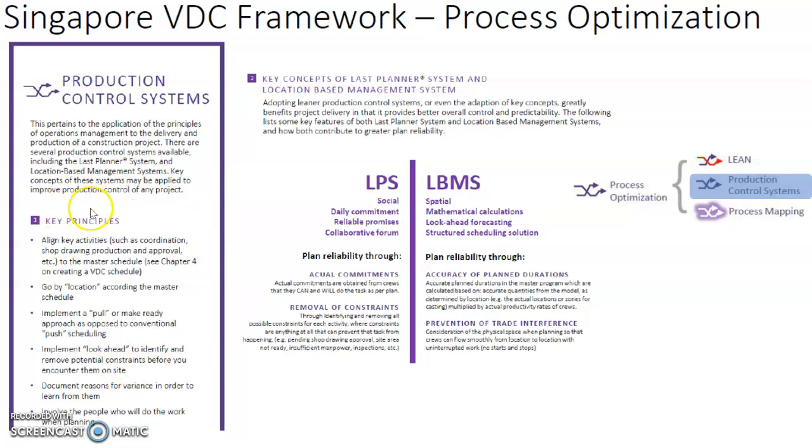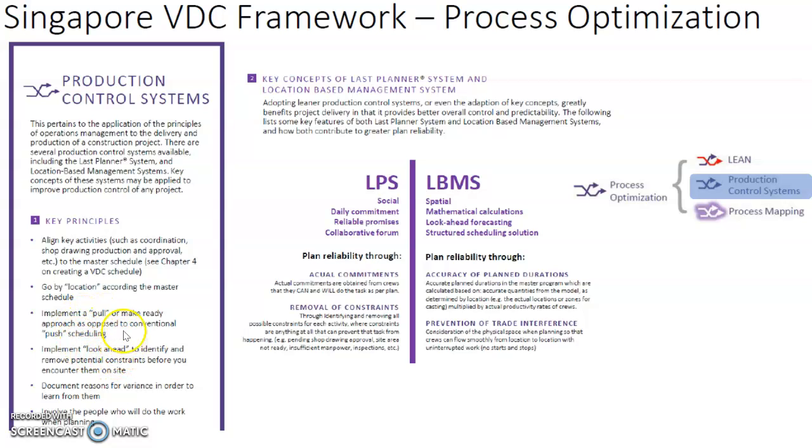These are some of the key principles of the systems, right? We want to align the key activities such as coordination, shop drawing production and approval to the master schedule. We want to go by location according to the master schedule. We want to implement a pull or make-ready approach as opposed to the conventional push scheduling.